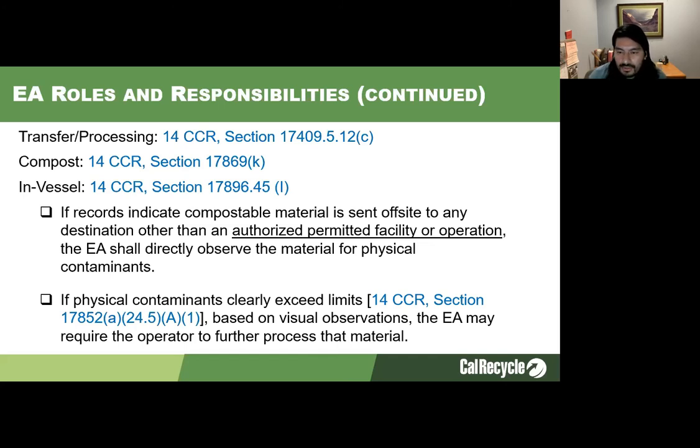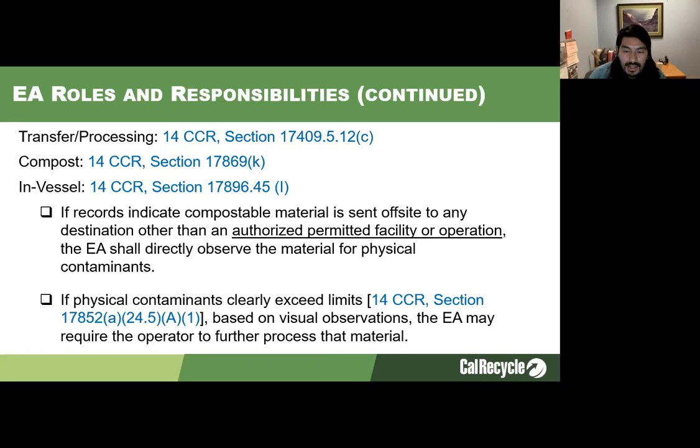So what does that mean? Well, the reference to 17852 under Title 14 is to the land application requirements found in the composting regulations. So if the EA becomes aware that compostable material from any of those facility types is being sent for land application, then after observing that material, if they determine the limits for physical contamination are exceeded, they can direct the operator to further process that material.